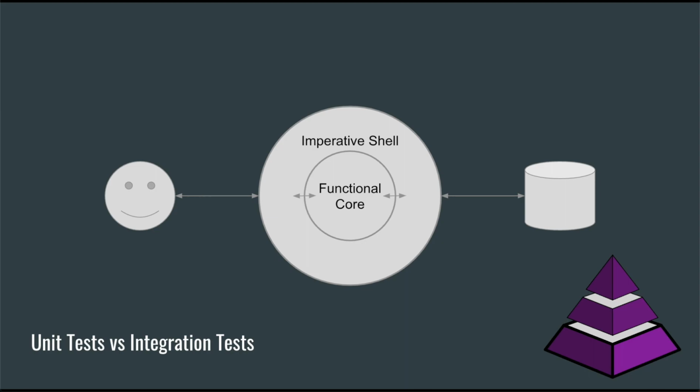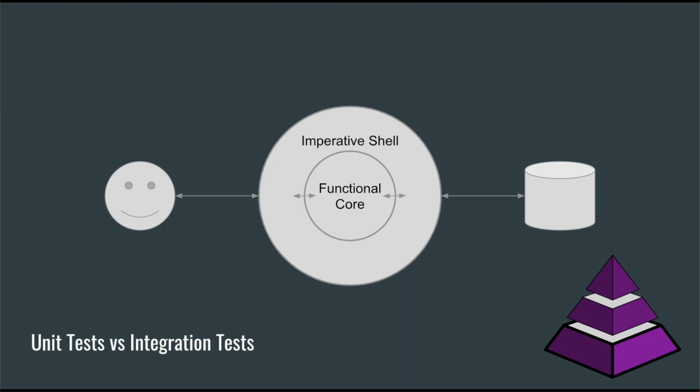In this model, your core business logic is written in the functional core. These are pure functions that always return the same output for the same input and have no side effects. Code that needs to integrate with external systems is written in the imperative shell. The output of this code depends on the state of your product, and executing parts of this code can have side effects.